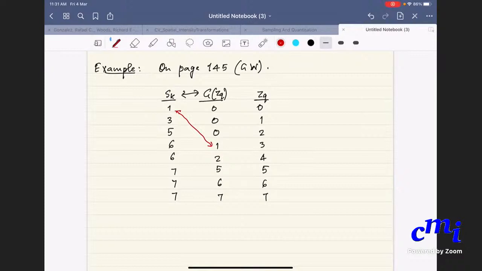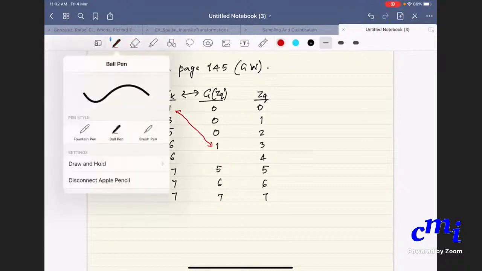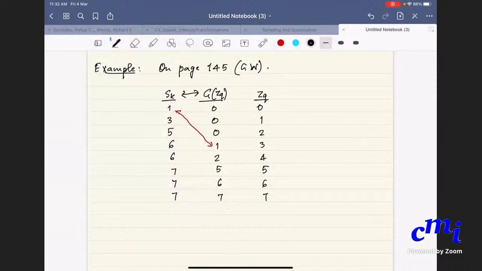When you don't have an exact matching, you choose the smaller value. For example, there is no 3 here, but you choose a value which is closest to 3 and smaller, so that will give us this matching. I will detail these steps when I write it out. Then there is a matching here. Of course 6 matches with 6, and 7 matches with 7.